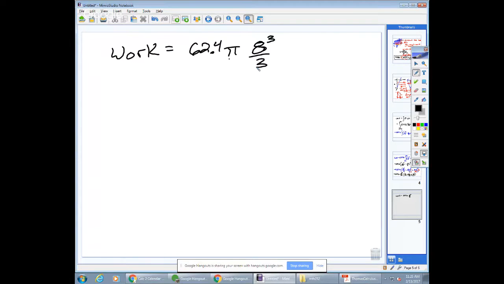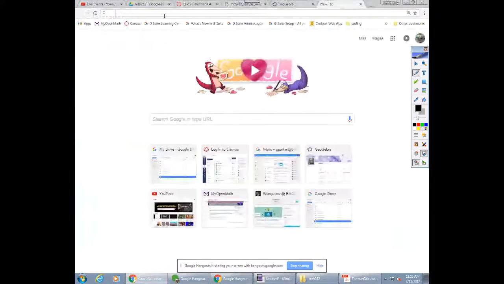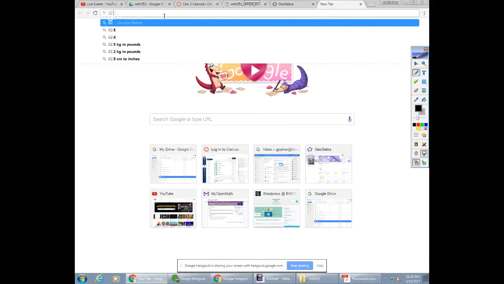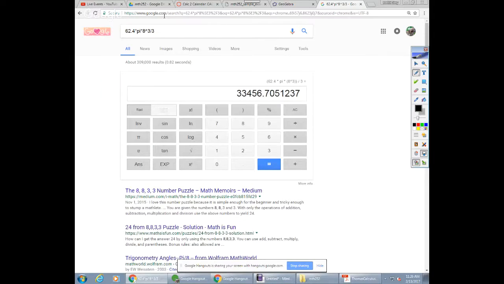What does that work out to be? If I didn't make a mistake anywhere. After doing it 3 times, I'm pretty sure I didn't make a mistake. 62.4 times pi times 8 to the 3rd divided by 3. I think what I got, 33,457-ish. Anyone else getting that?